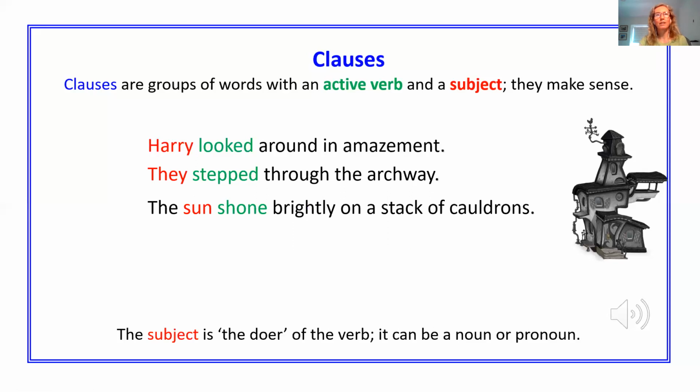So sun is the subject and shone is the active verb. A cobble street twisted out of sight. So street is the subject and twisted is the active verb. Well done, Year 3, if you manage to read those sentences and spot the active verb and the subject.